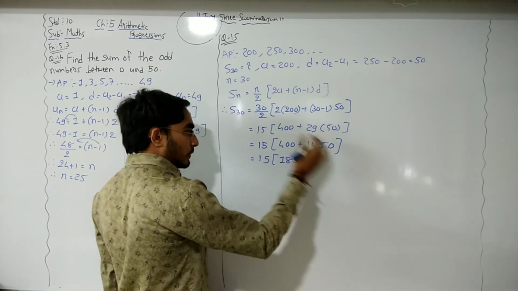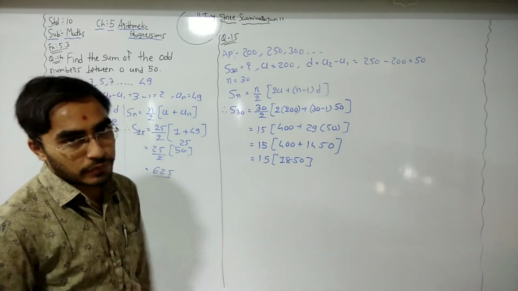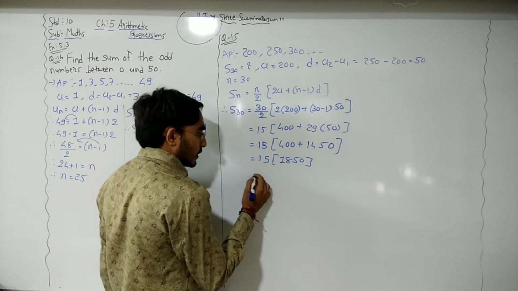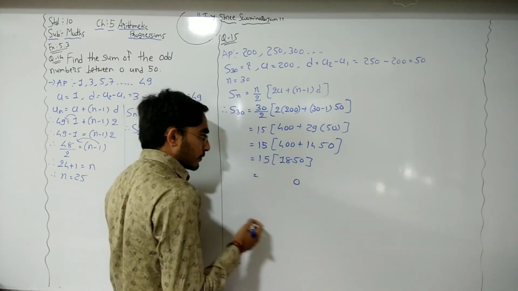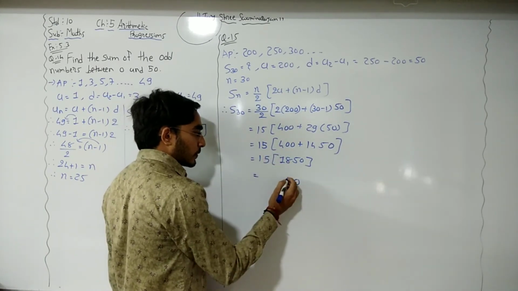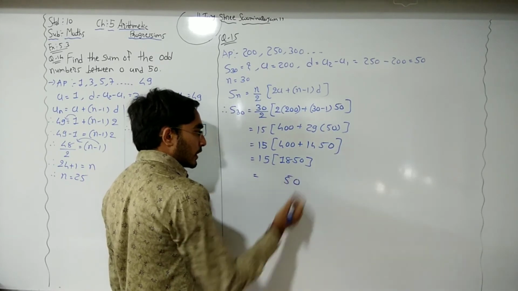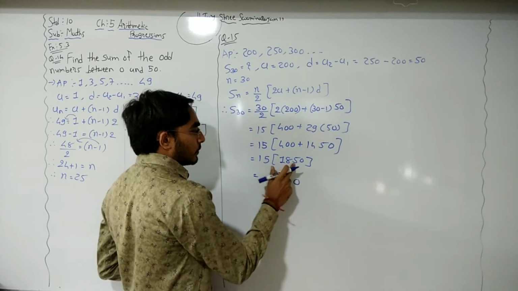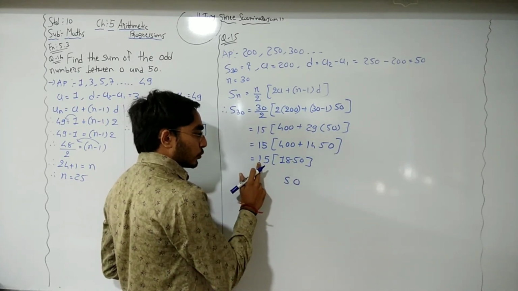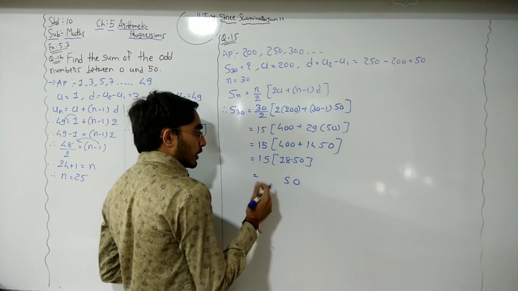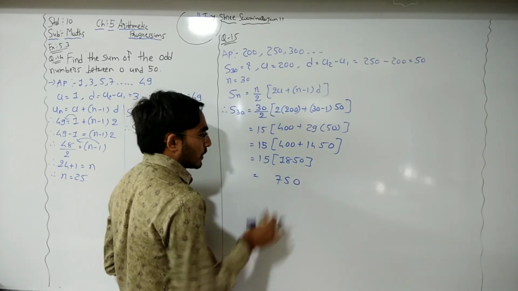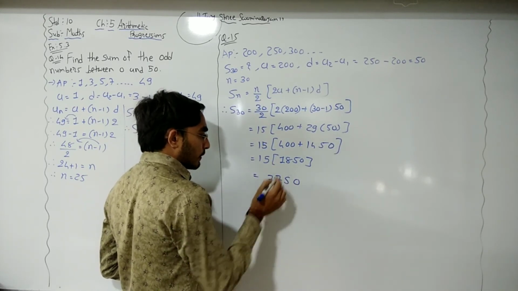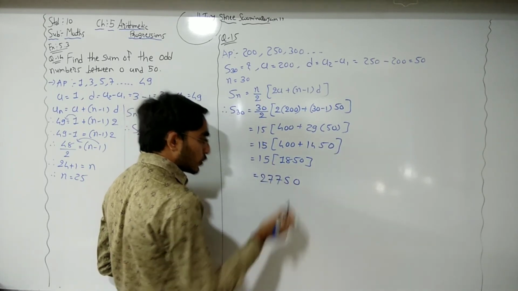Addition of 400 and 1450 is 1850. Now finally we need to multiply these two numbers, 15 and 1850.